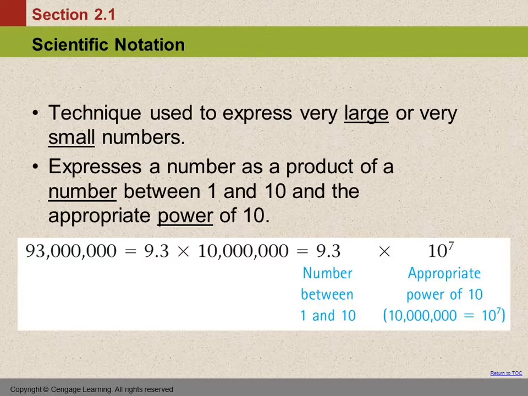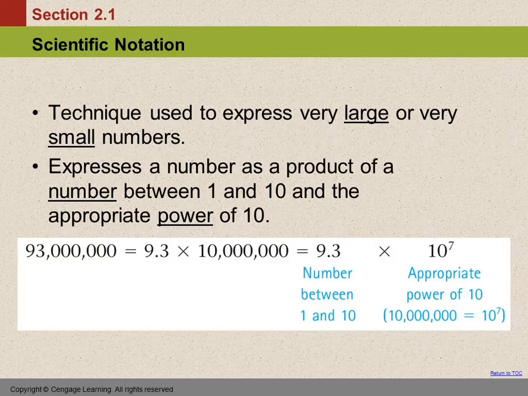So scientific notation basically expresses a number as a product of a number between 1 and 10 and the appropriate power of 10. So if we look at this number, this is what, 93 billion, right? So hopefully you will agree with me that 93 billion is the same as 9.3 times 10 billion.